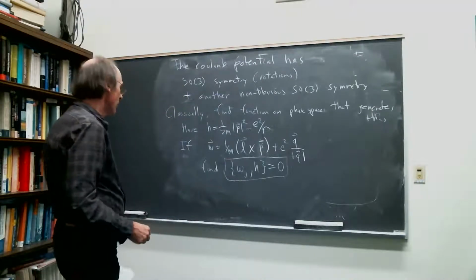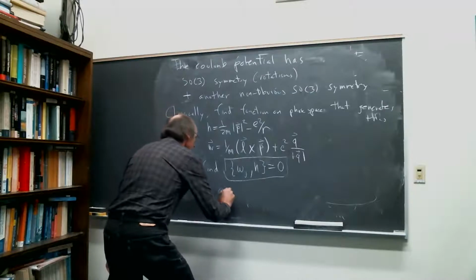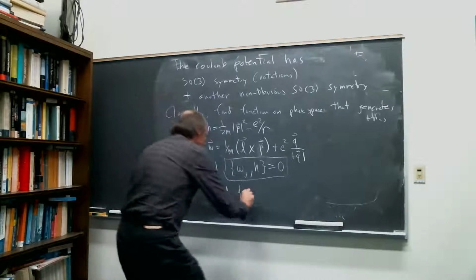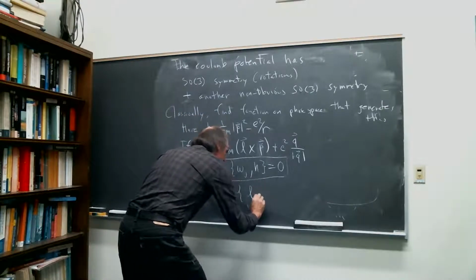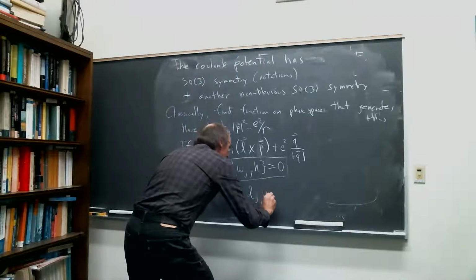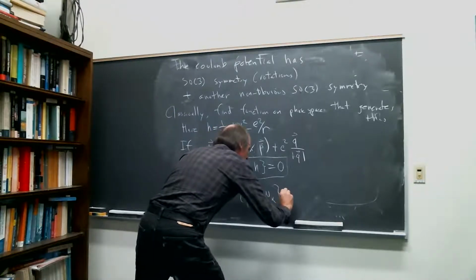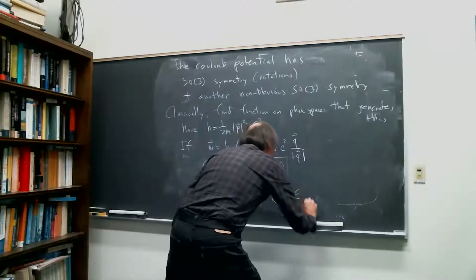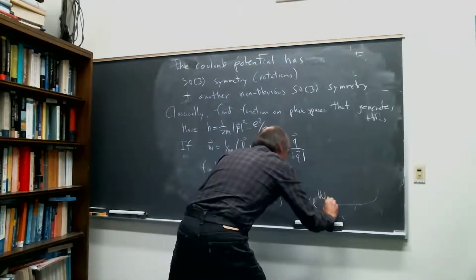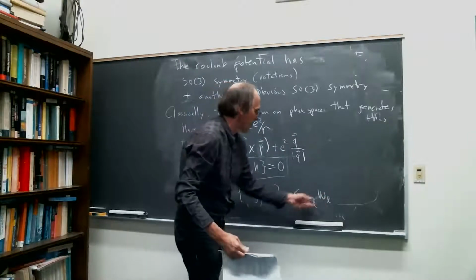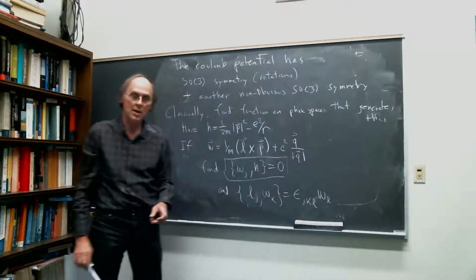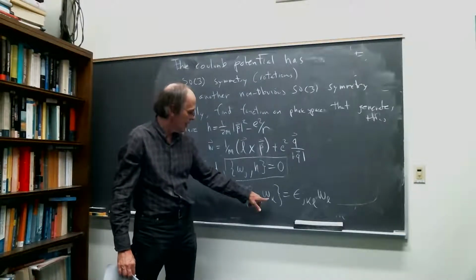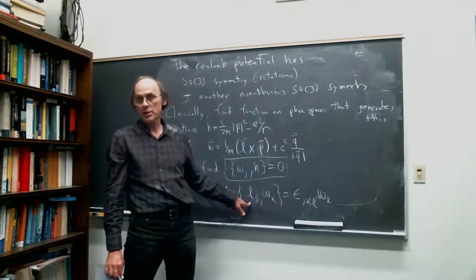Okay, but then the other thing you find out, which is easier to see, is that if you take the Poisson brackets of L_j with these, you get epsilon_jkl w_l. So you have this totally antisymmetric sum of the w_l's, and this is exactly what you would expect if this behaves like a vector under rotations.